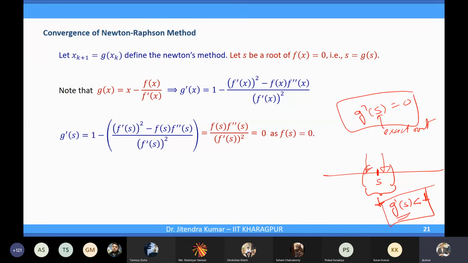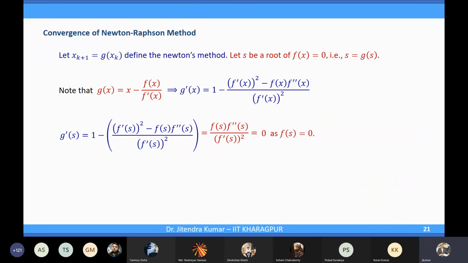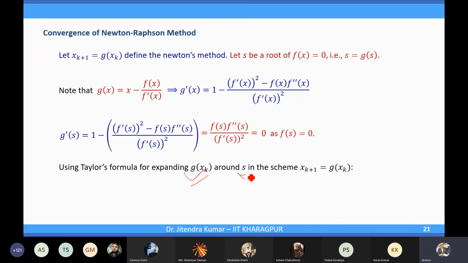So now we are not bothered about the sufficient condition for the convergence. We will go further and get some more information in this particular case. So let's proceed. We expand g(xk) around s in this scheme.